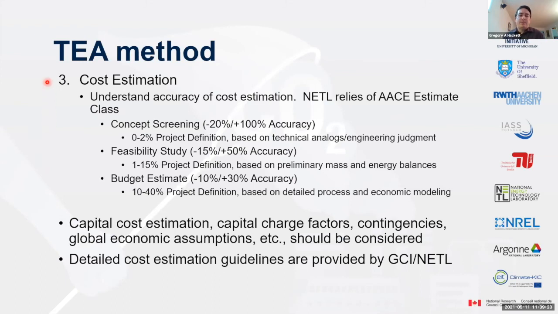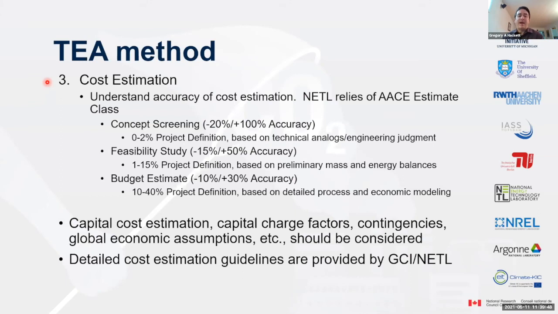Cost estimation, of course, is important when you're looking at the technology itself. NETL uses the AACE estimate class, where you're looking at different levels of accuracy depending on the project definition. So a concept screening, a feasibility study, or a budget estimate has different percentages of the project definition, and they're based on different things. A concept screening is based on technical analogs or engineering judgment.